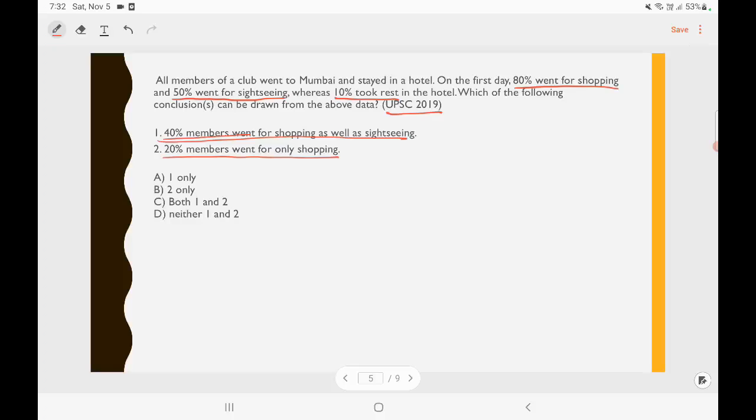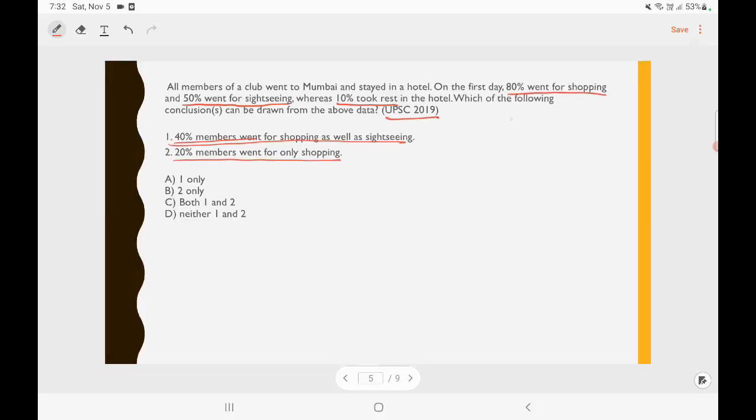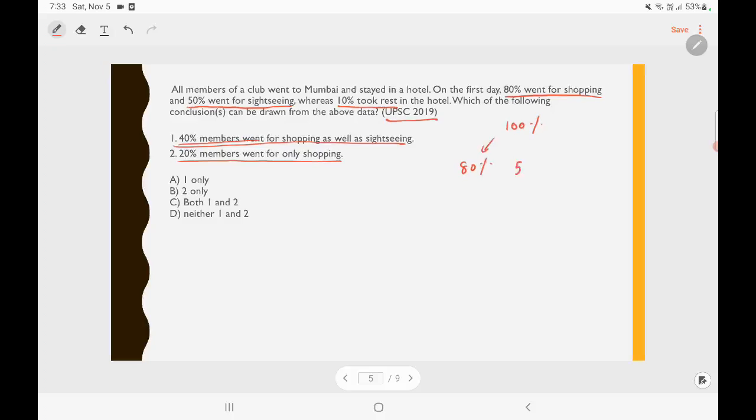Before drawing the Venn diagram, you need to understand one thing here. A total of 100%, that means 100% of people went to Mumbai. Members of a club went to Mumbai, and 80% of them went to shopping, and 50% of them went to sightseeing, and 10% took rest.